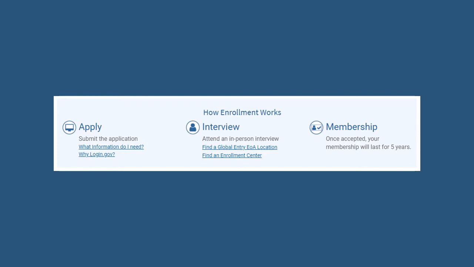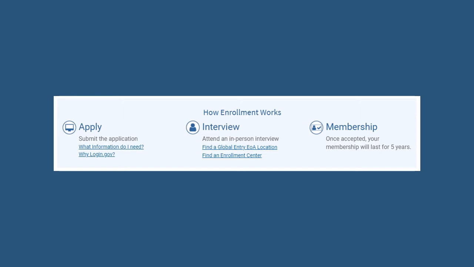It will also ask you if you have visited any other countries, and then you just go ahead and pay the application fees. After the application is submitted, the CBP reviews your application, and it takes anywhere between 6 months to 9 months for them to conditionally approve your application.